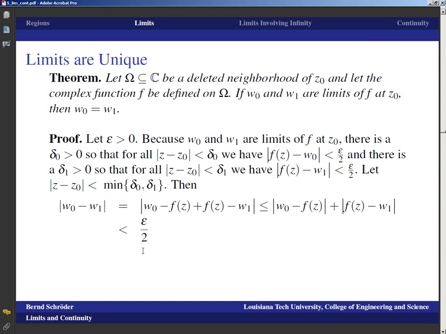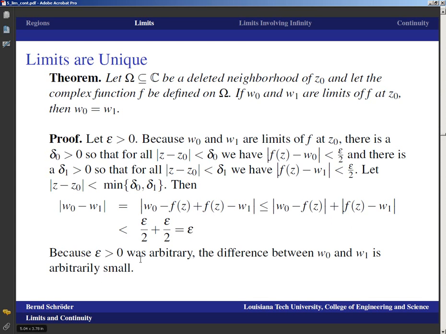So this is smaller than epsilon over 2, and this is smaller than epsilon over 2, which sums to epsilon. Because epsilon greater than 0 was arbitrary, the difference between w0 and w1 is arbitrarily small. But the only way that can happen is if those two numbers are in fact one and the same number. And that's the end of the proof.